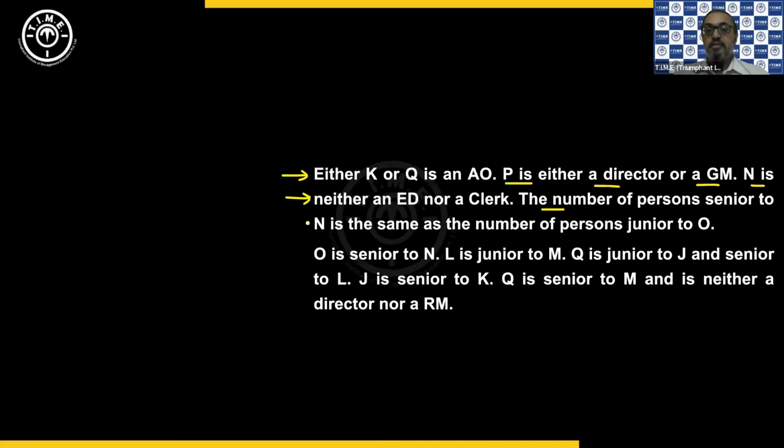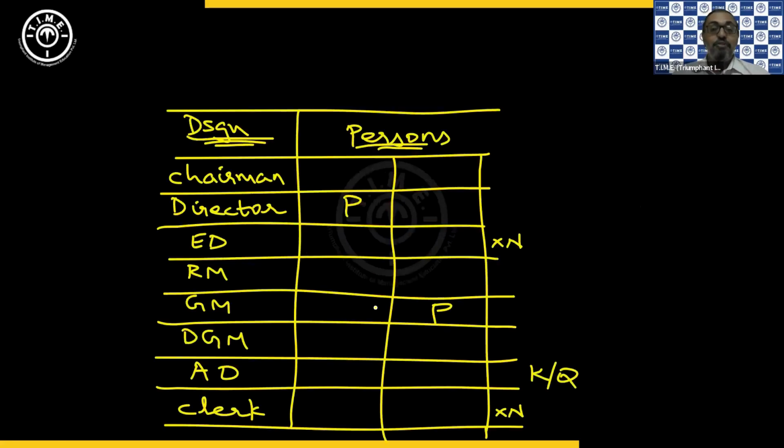Now the number of persons senior to N is same as number of persons junior to O. So senior to N means above N should be same as junior to O means below O. But he says that O is senior to N. So we have O senior to N. So O should be above N. So when you have this condition, we need to take the same positions from opposite ends. Means first from the top, first from the bottom. Second from the top, second from the bottom. Third from the top, third from the bottom.